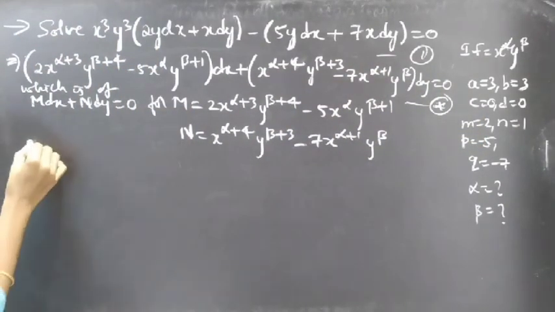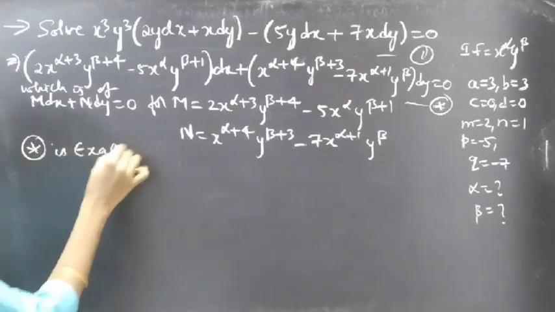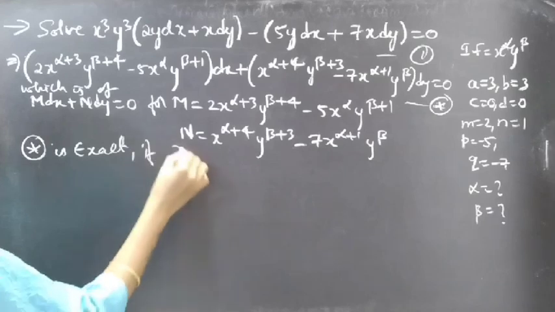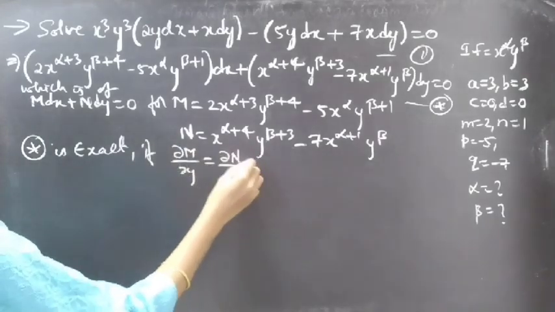Okay, so equation asterisk is exact if the partial derivative of M with respect to y equals the partial derivative of N with respect to x.